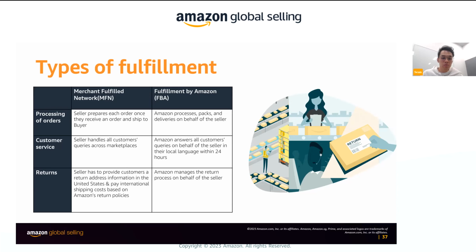However, you have to ship your products to your buyer and also handle the returns and all customer related matters. However, for fulfilled by Amazon, which we highly recommend, all you have to do is focus on listing your products and ship your products to the fulfillment center. And Amazon will handle everything from customer service to returns.